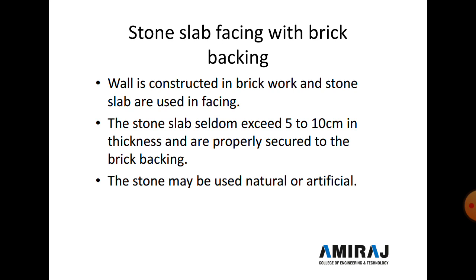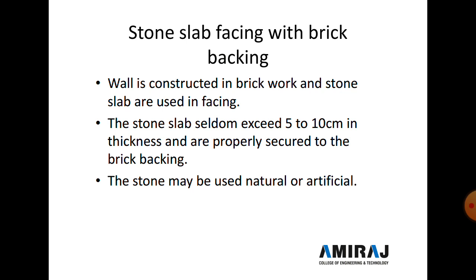When we use the stone face, from the front view it looks like the building is constructed of stone only. So this type of stone slab facing and brick backing composite masonry work is used only for good appearance and attractive view purposes.